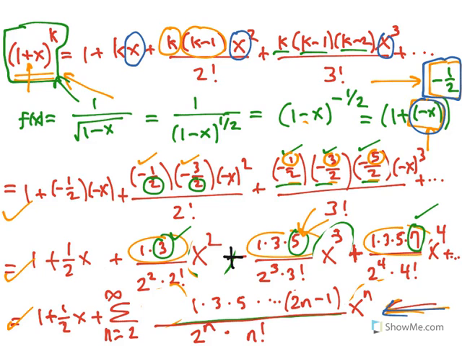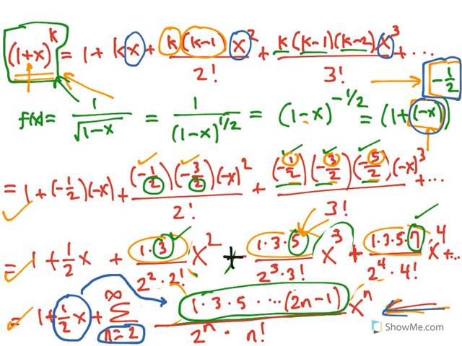Unlike our example from yesterday, we could also include the second term as a part of our description of the general nth term, and if we were to do that, our index would start at 1. And the reason why we can do that is because the pattern of the factors in the numerator can be described for this term here, 1/2 x, where we only have 1 in the numerator.